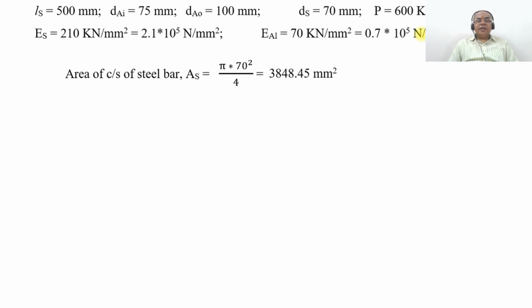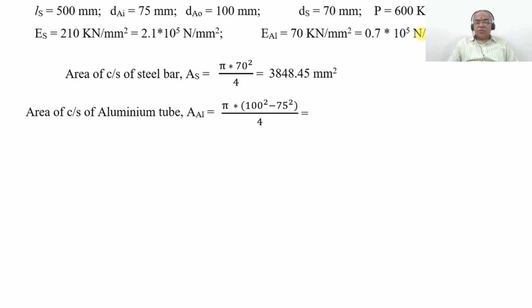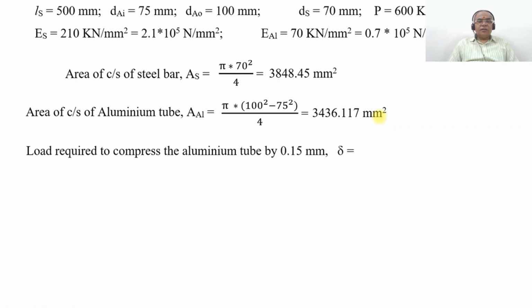A_Al will be equal to pi by 4 into d naught square minus di square, which is pi by 4 into 100 square minus 75 square. That will be equal to 3436.117 mm square.